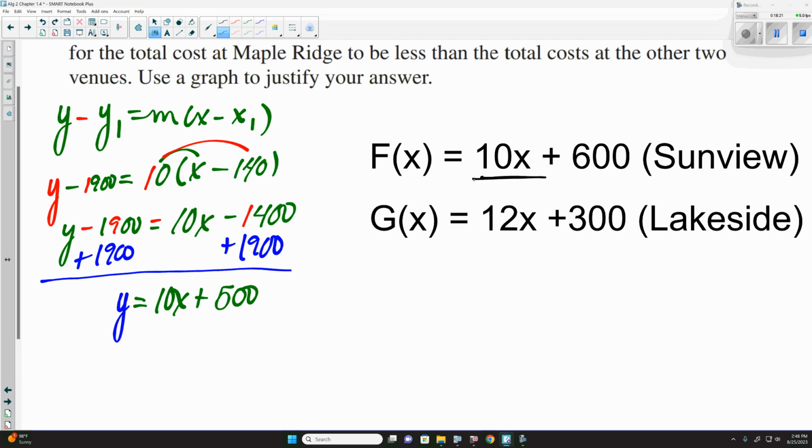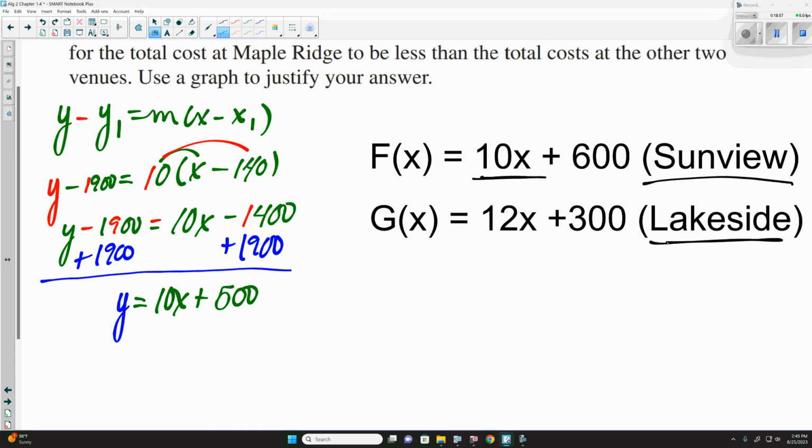If two lines have the same slope, we say that they are what? Starts with a P, huh? Parallel. So will they ever cross? No. So Maple Ridge will always be cheaper than Sunview. So no matter what happens, it's always going to be cheaper. So to figure out how many students Sunview and Maple need for them to be cheaper as well, 0, because they're always going to be cheaper. But the main one that we need to see is Lakeside.